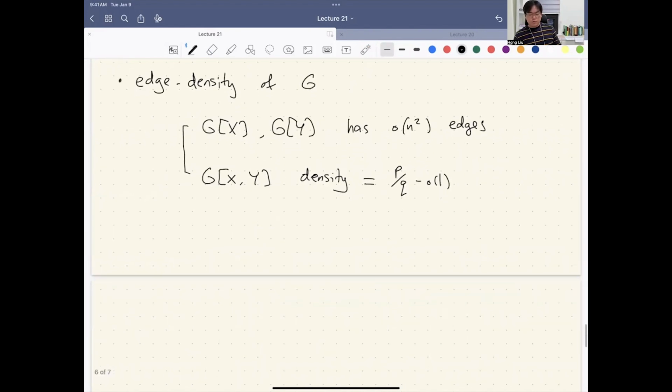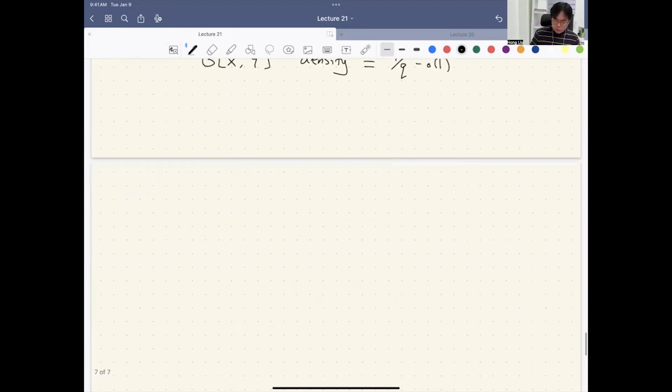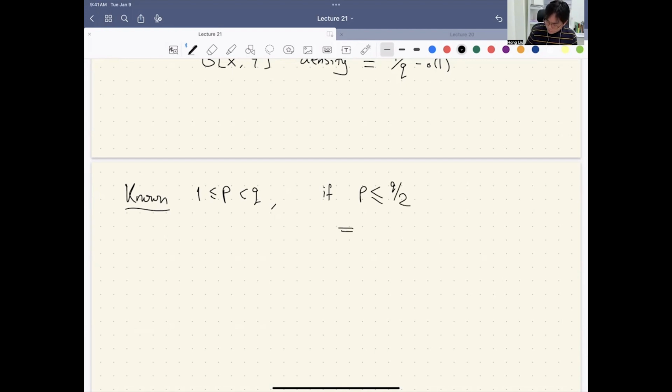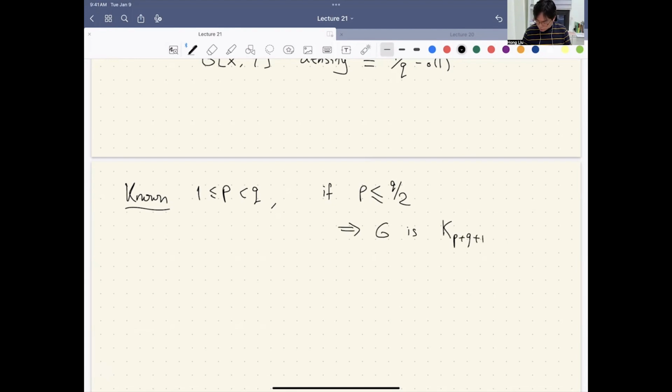So let me give you some idea of where we are for this knowledge. For this graph, what we know now is what we're going to prove in our results. What's known is, when P, remember we picked this P and Q, if P is less than or equal to Q over 2, then we have the graph G is K_{P+Q+1}-free.